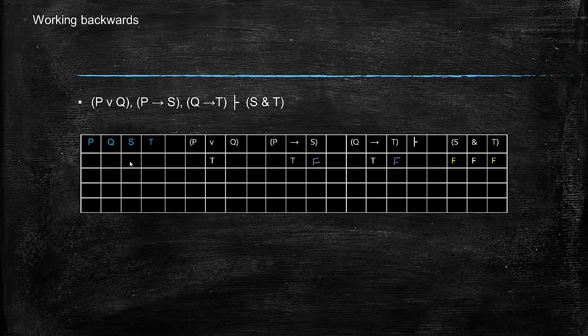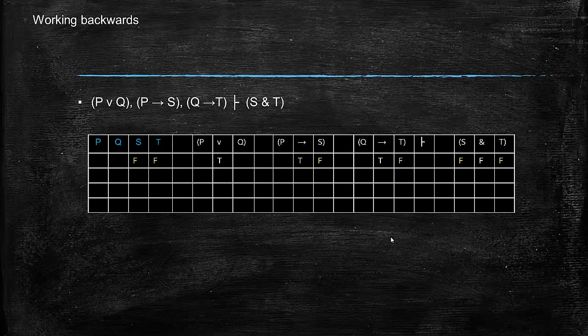And so we can just write over here, S and T are both F. Okay, so far, no pressure. We're able to do that. So that's that.